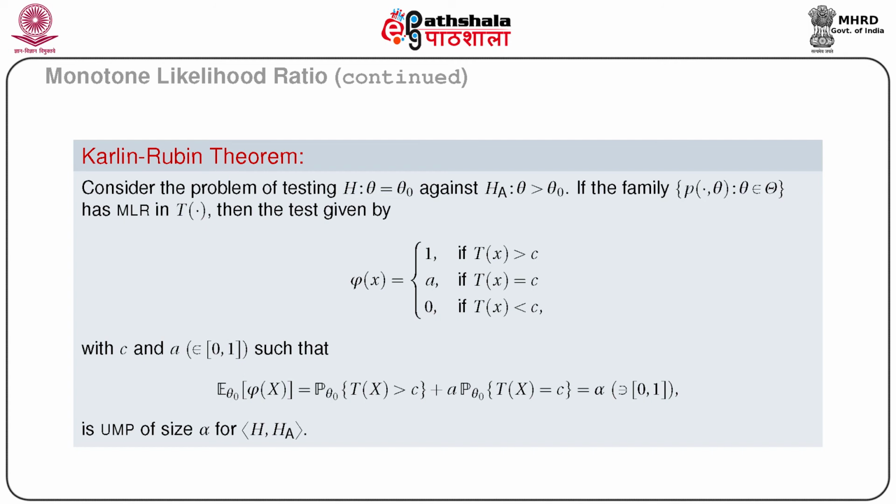For testing H: theta equals theta naught versus H_A: theta greater than theta naught, corresponding to an MLR family p_X(theta), theta belongs to script Theta, in T(x), the test given by phi(x) equals 1 if T(x) greater than c, equals some constant a if T(x) equals c, equals 0 if T(x) less than c, where c and a are such that expectation of phi(x) under theta naught, which is equal to probability under theta naught of T(x) greater than c plus a times probability under theta naught of T(x) equals c, is equal to alpha, which belongs to (0,1), where alpha is the size of the test. Then phi(x) is UMP of size alpha for testing H against H_A.